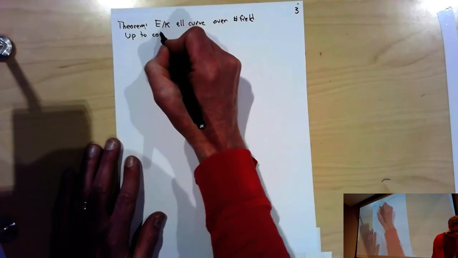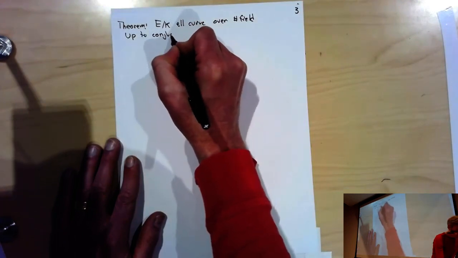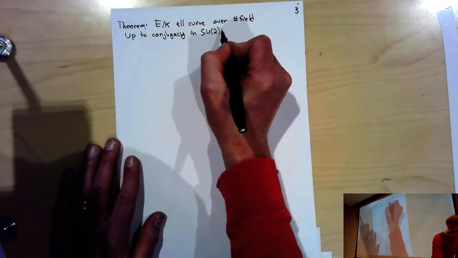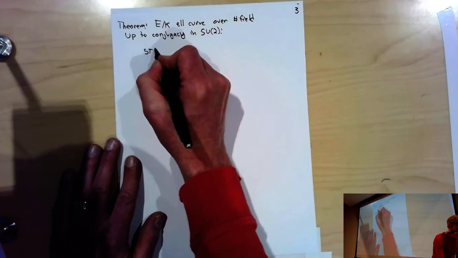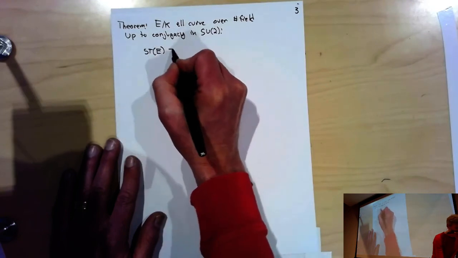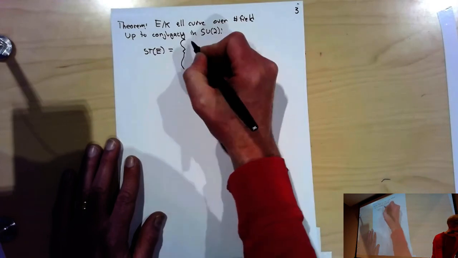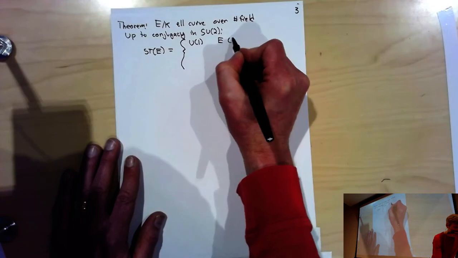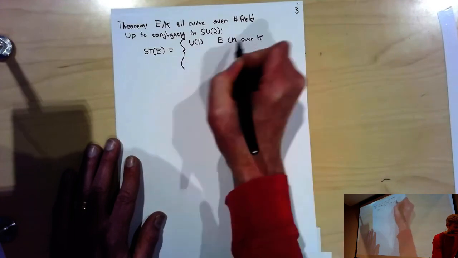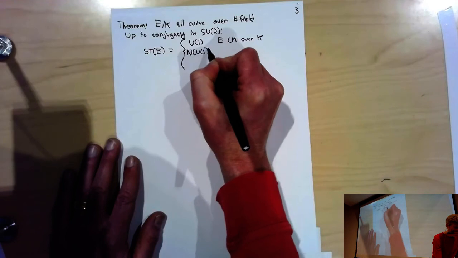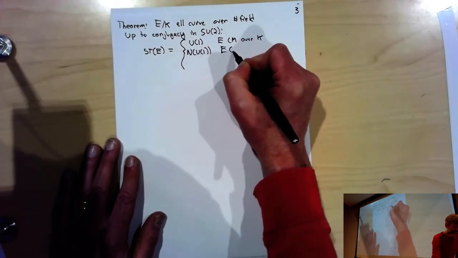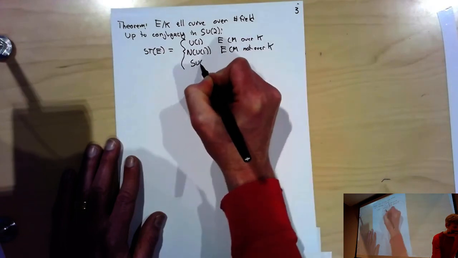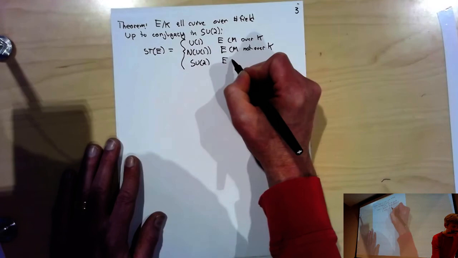Up to conjugacy in SU2, we can say exactly what the Sato-Tate group of an elliptic curve is. It is either U1, which happens when E has CM over K, or the normalizer of U1, when E has CM but not over K, or it's SU2, and this happens whenever E has no CM.